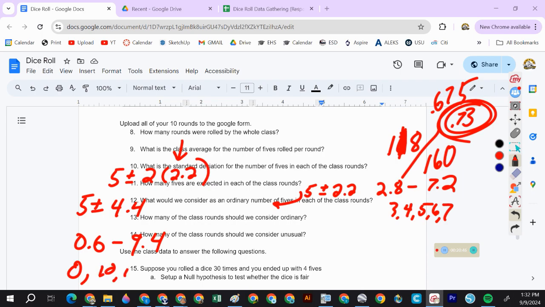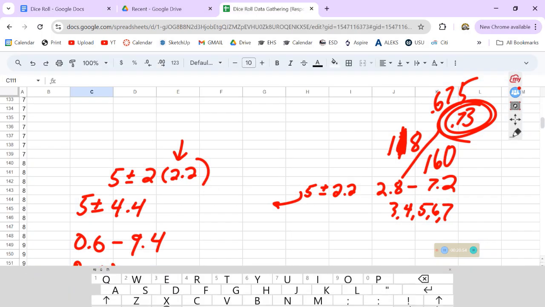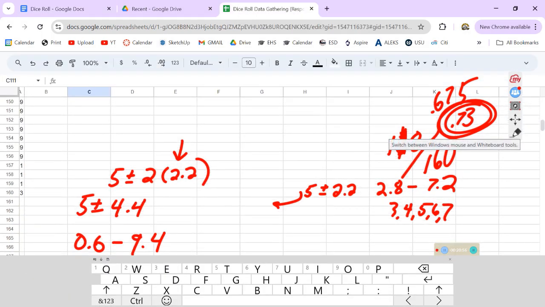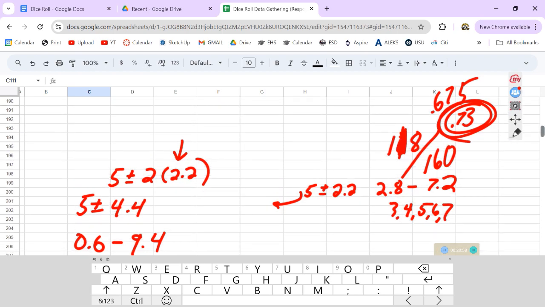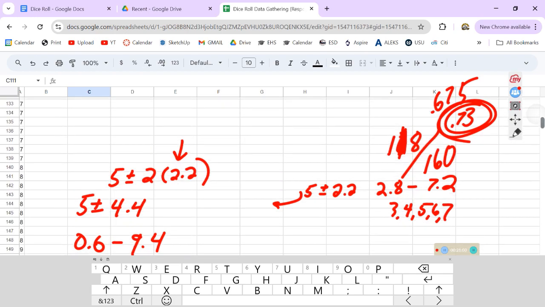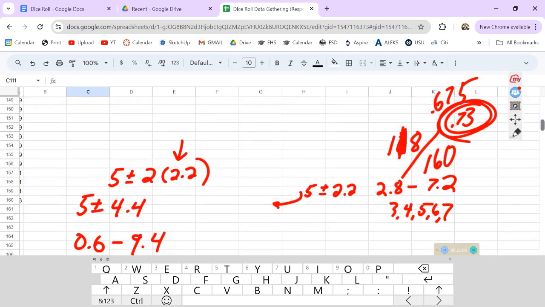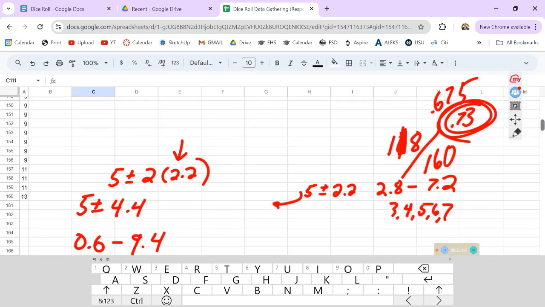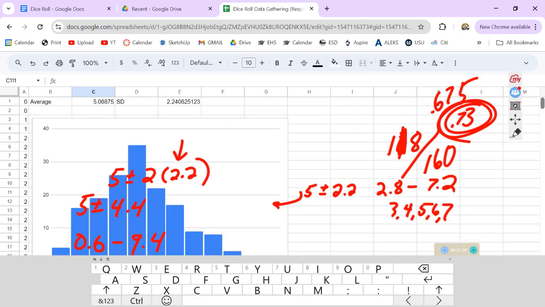So 10, 11, and so on. So we need to go through and count the zeros, the 10s, and the 11s. Go back here. So 4 there. And if we go all the way to the top, 4, 5, 6.